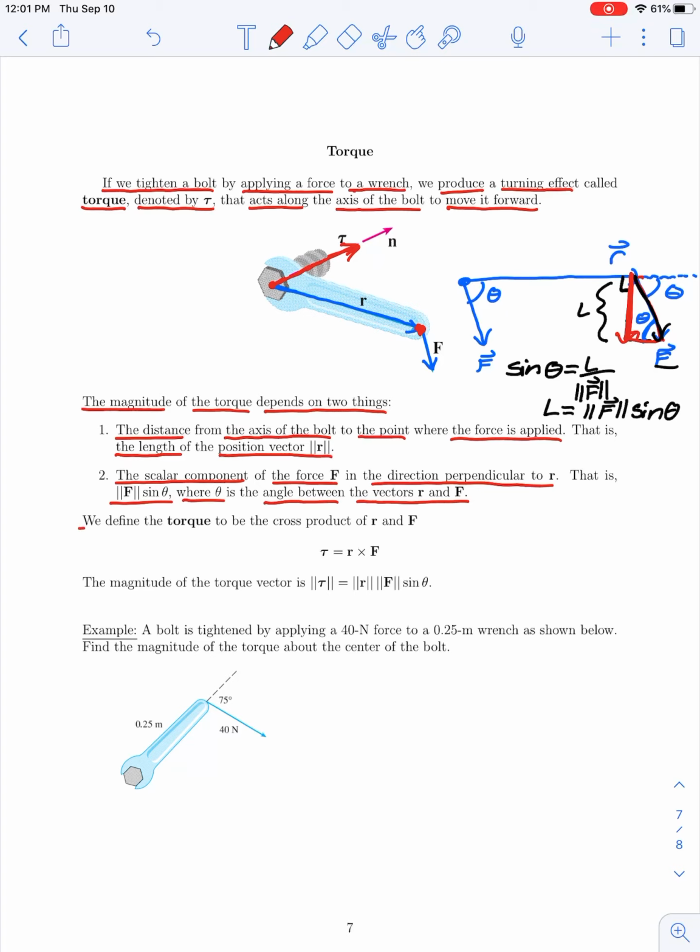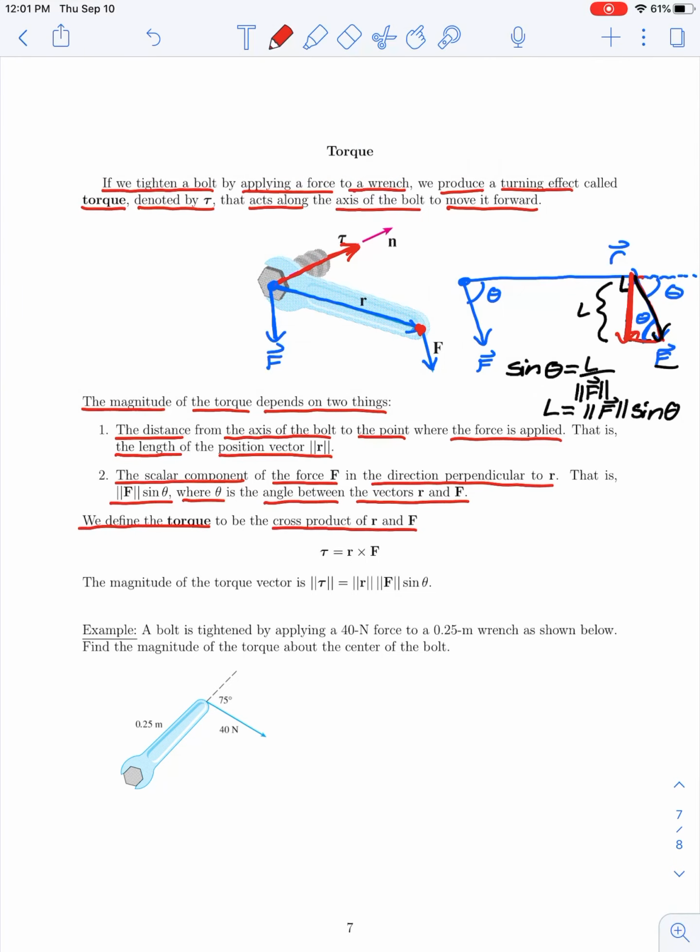We will then define the torque as the cross product of R and F. Looking back at our diagram with the wrench, if we draw our force vector F such that it has the same initial point as the vector R, and take the cross product of R and F using the right-hand rule, we produce this torque vector tau shown in red.